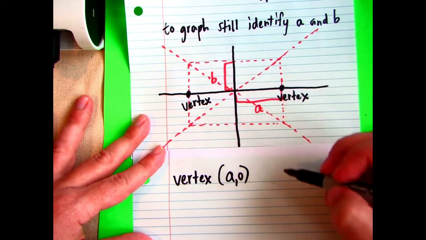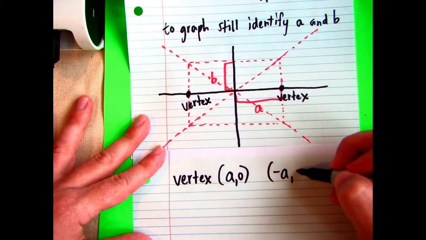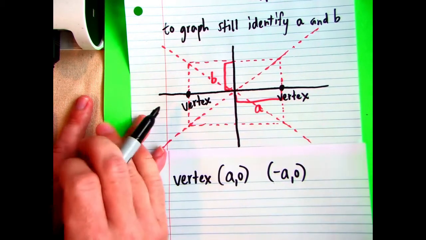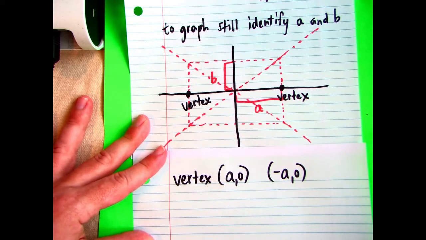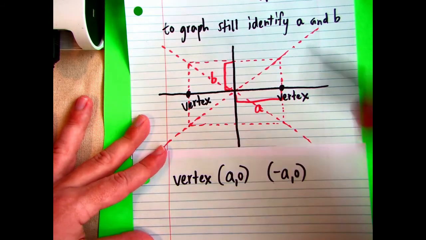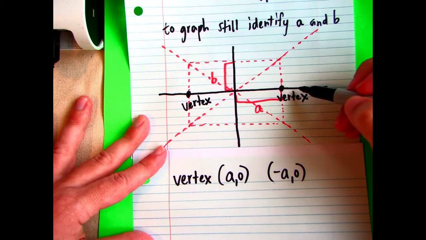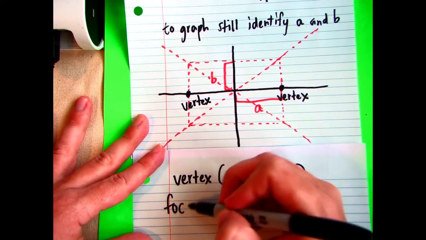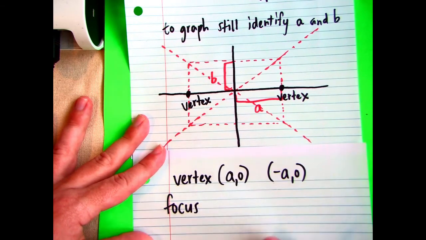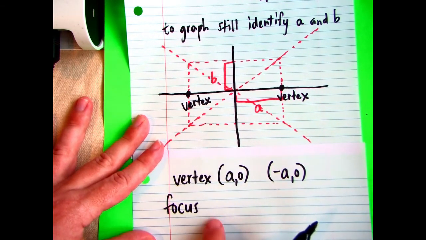Well, the vertex is at a comma 0 and negative a comma 0. You can kind of see that from the rectangle, right? The edge of the rectangle is at a and negative a. So the vertices, plural, are at a comma 0 and negative a comma 0.